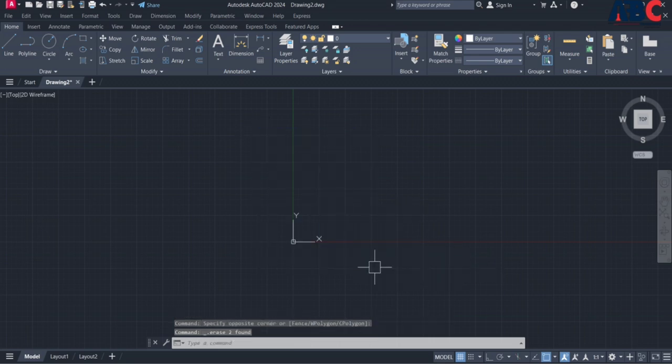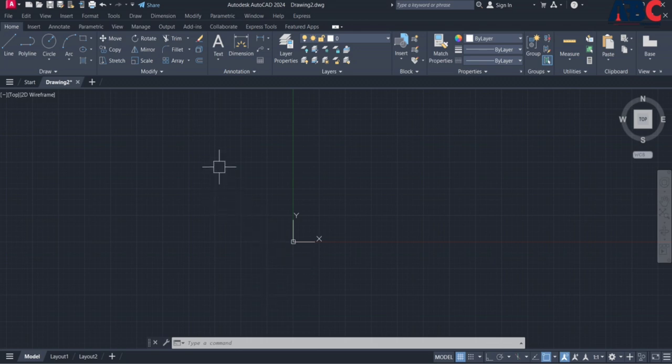AutoCAD. The second coordinate system is the relative coordinate system. In the relative coordinate system, the coordinate point is taken relative to, or compared with, the most recent coordinate point. That recent coordinate point is considered as the origin for the next point specified.